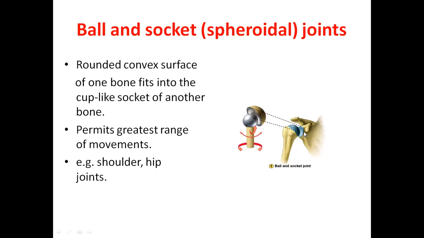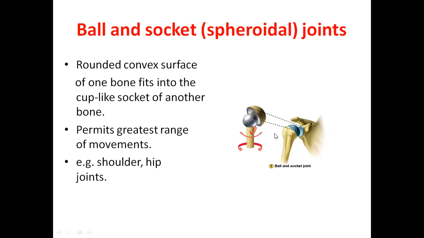It fits into a cup-like socket of another bone, that is the socket-like or cup-like structure of the scapula, forming the scapular joint. This joint is freely movable and shows a variety of movements.